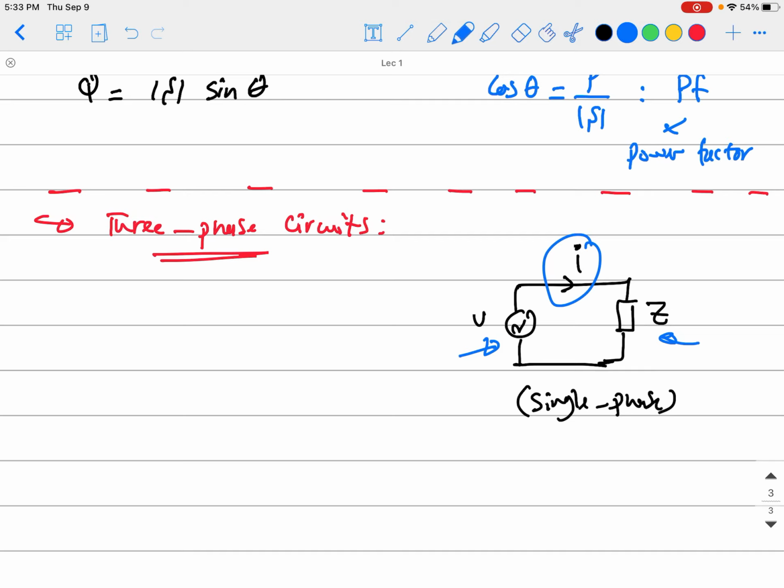The idea is the brilliance of having a three-phase circuit: what if we can multiply the amount of power that can be transmitted from the system by 3? If you want to have 3 times the power go from this source to the load. That's actually how it works in real life: this source is the generator, or the power plant that's generating power for you, and this load is basically any loads you want, let's say domestic loads, our homes.